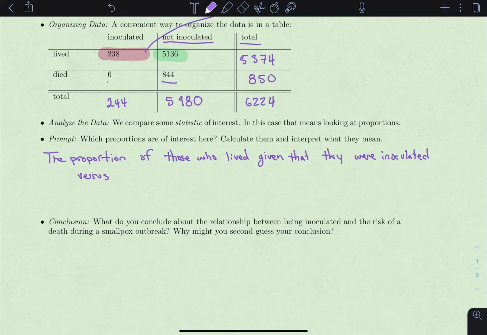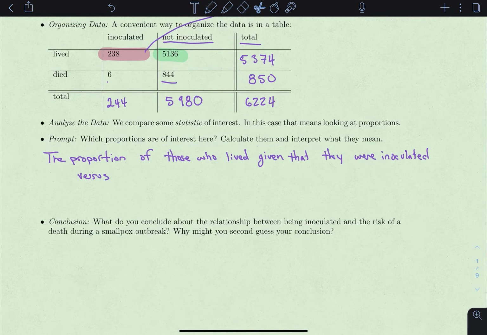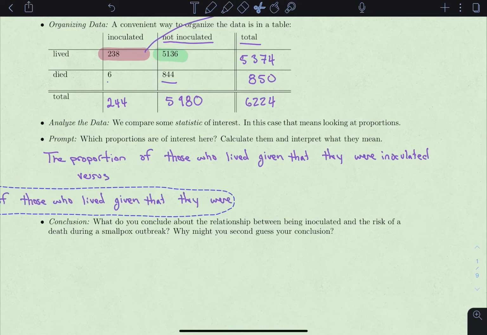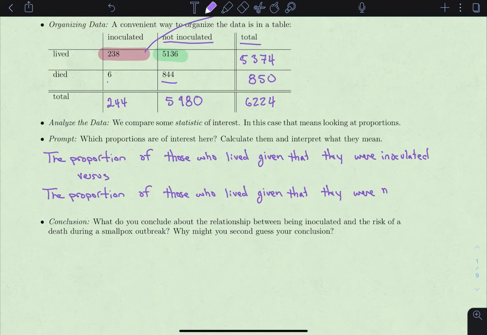the proportion of those who lived given that they were not inoculated.